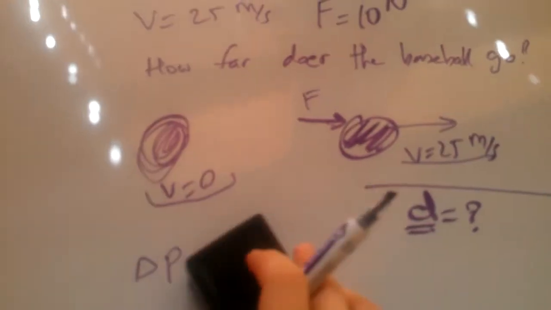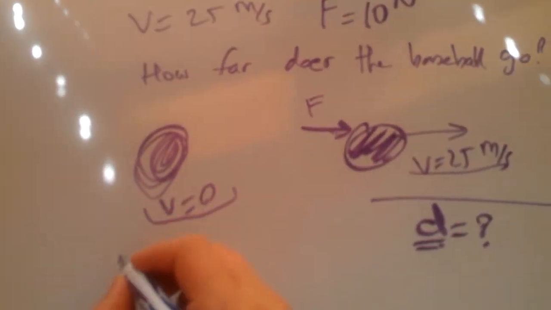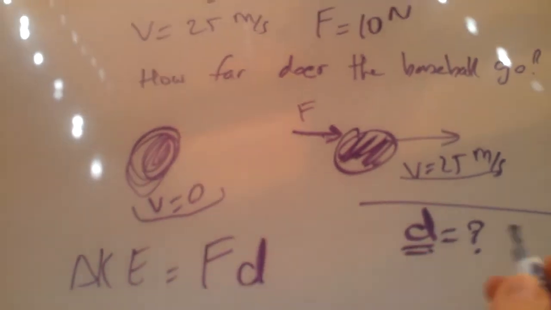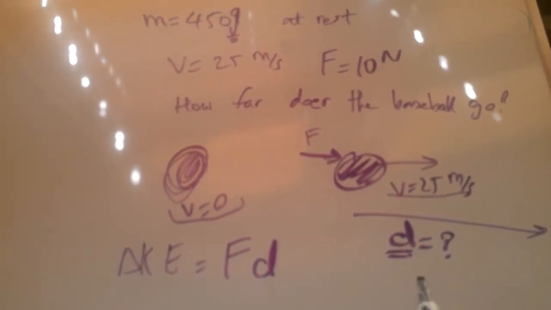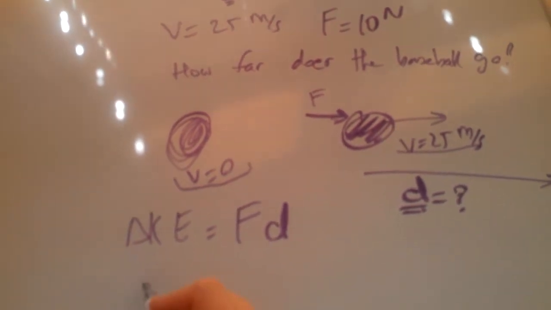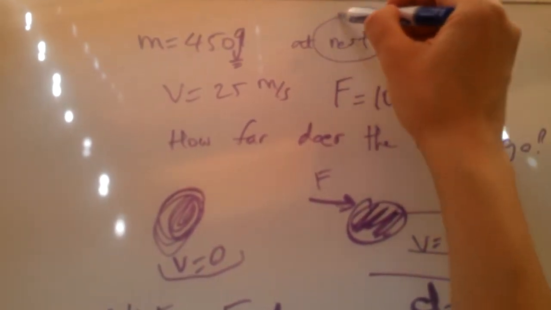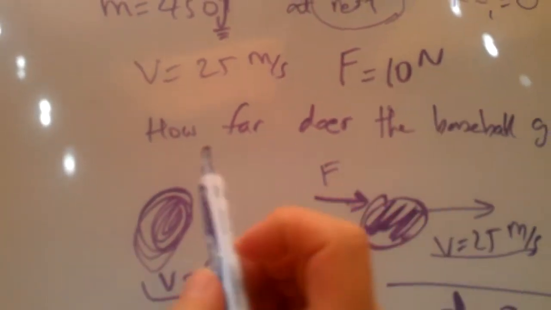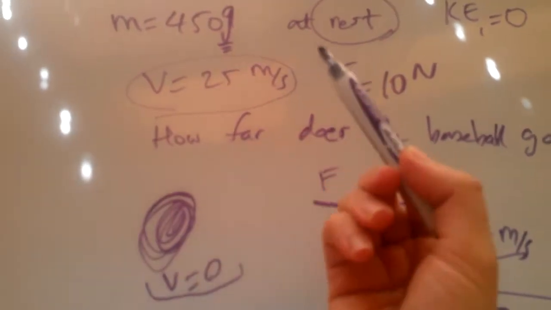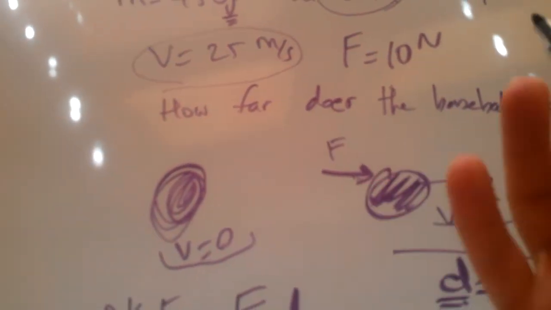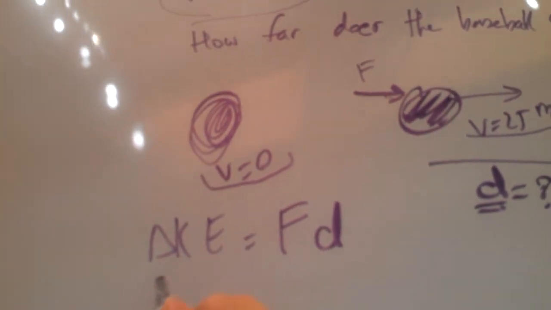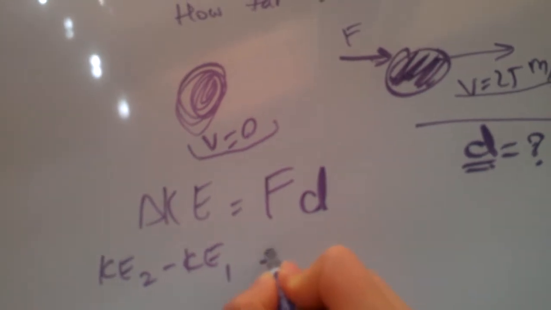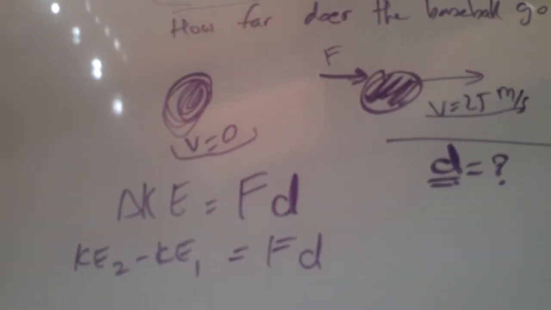However, change in kinetic energy is force times displacement of the force, right? So the first kinetic energy is 0 because it's at rest. KE1 is 0. Now I'll give it some velocity, so it actually earns some kinetic energy. The change in kinetic energy is kinetic energy second minus kinetic energy first, and that's F times the displacement.